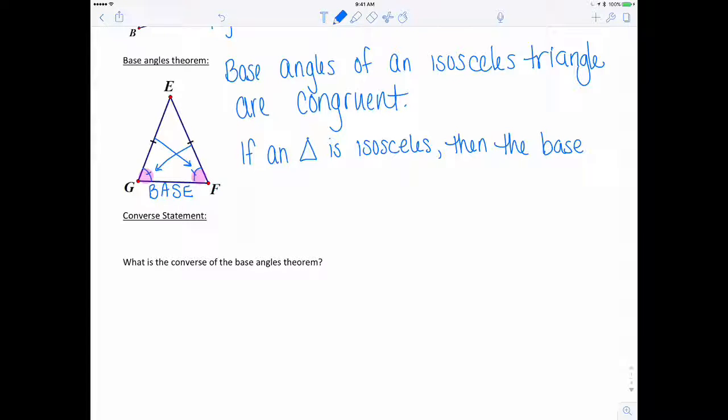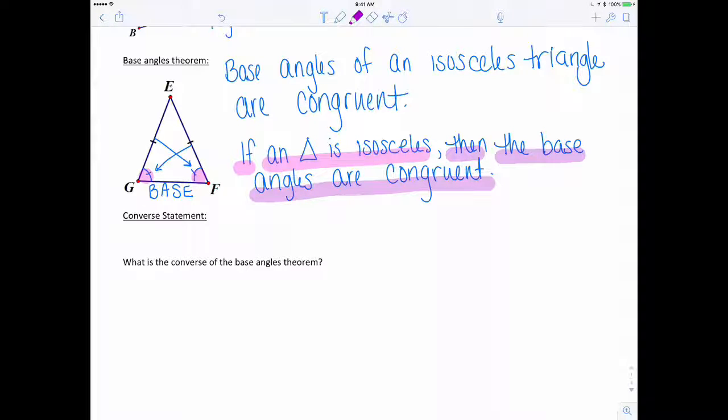That's an if-then statement. And that's actually the proper way to write a theorem, in if-then form. So you have the word if followed by a hypothesis, something that has to be true, so that then can be followed by a conclusion, something that will be true if the hypothesis is true. So if it's true that you have an isosceles triangle, then it's also true that the base angles are congruent.